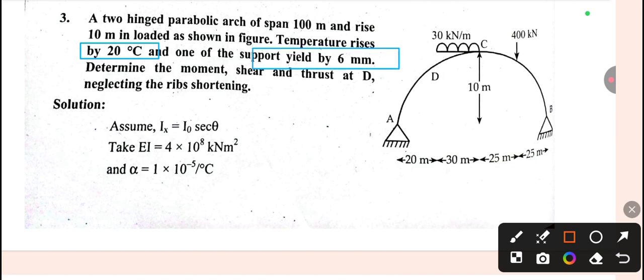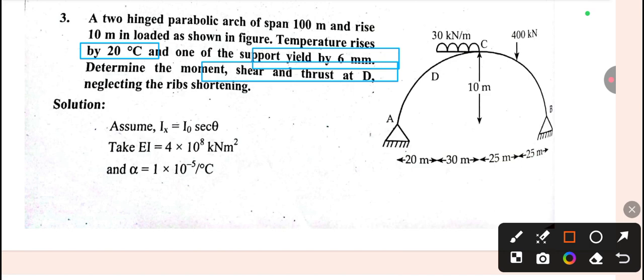Then we have to calculate the moment, shear and thrust at D, neglecting the rib shortening, which I already told you.